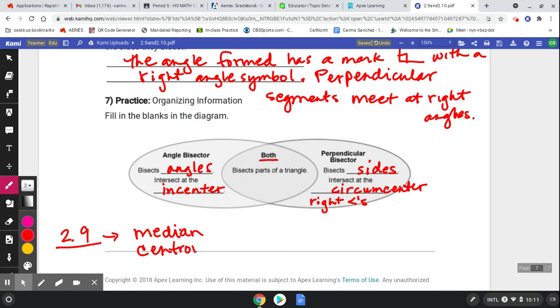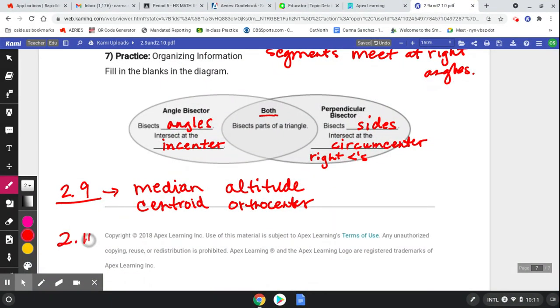Okay, so within this entire section, the 2-9, we had to understand median, and its center is the centroid. We had to understand altitude, right? That forms that 90-degree angle, and its orthocenter. And then in this section 2-10, we just got angle bisector, and we found that it's got an incenter.